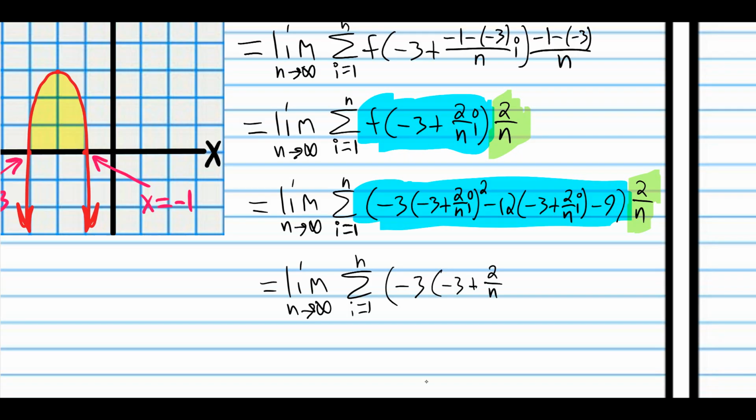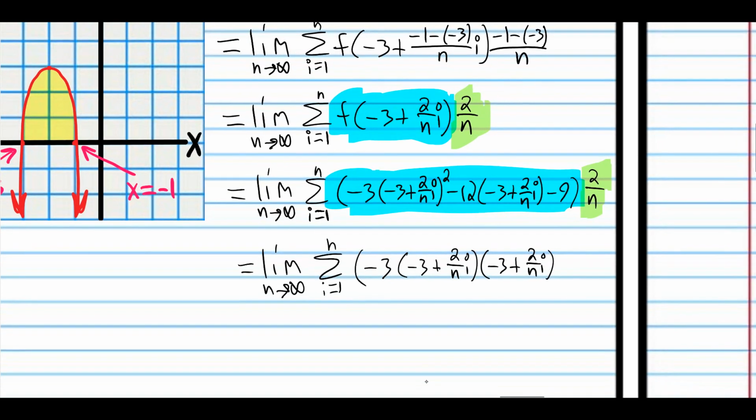So you can do the FOIL in your head. You don't have to keep setting it up like I'm doing now. You can just expand that in your head if you want to. So I'm going to need a lot more room.